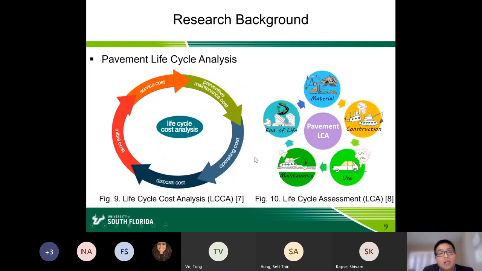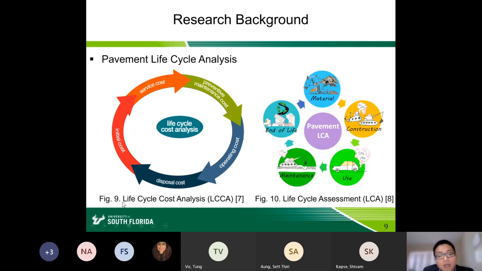Before that, I also want to touch a little bit on life cycle analysis, since this is the method to quantify the economic cost or environmental impact of different asphalt overlay policies over a certain time period.